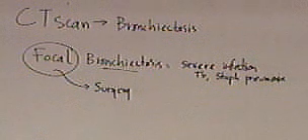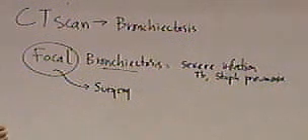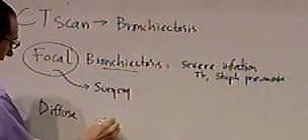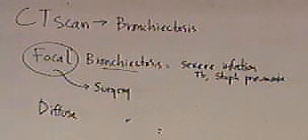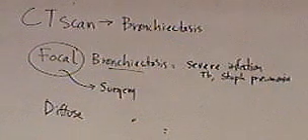The one that we hear more about is the diffuse or generalized bronchiectasis that we see in patients who don't have the ability to fight pulmonary infections as much as normal people do. So they're missing some kind of mechanism in their lungs to fight off infections. Well, think about the mechanisms we have to fight off infections.